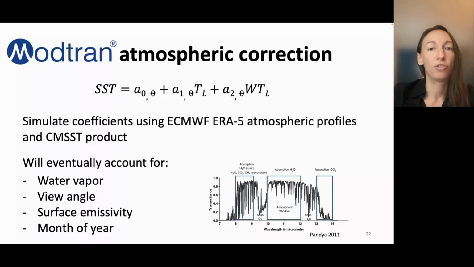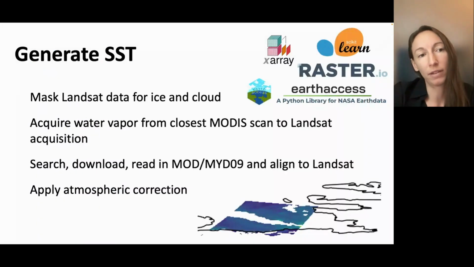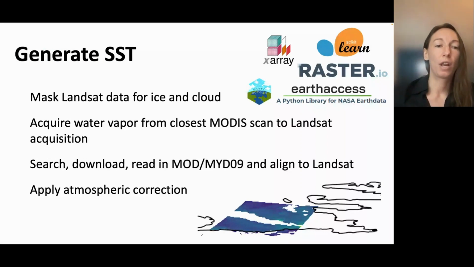Then from there, we generate the sea surface temperatures, we mask them, then we acquire water vapor from the closest MODIS scan to Landsat, because Landsat doesn't have the bands on board to make that correction. And from there, we search, download, and read in the MOD09 atmospheric data.